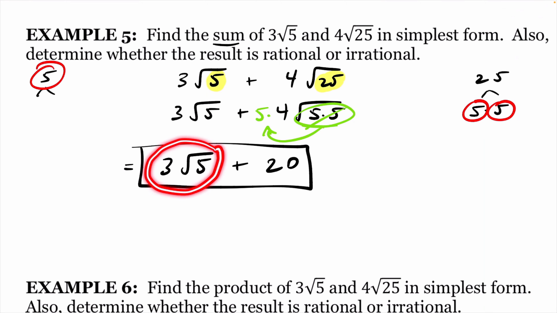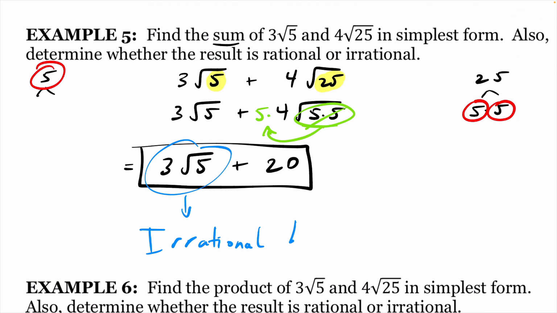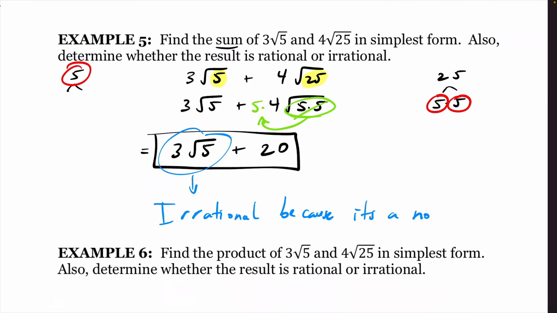If you don't believe me, ask your calculator. Your calculator will tell you this part right here is going to be a non-terminating decimal, right? So because of that guy here, it's going to be irrational because it's a non-terminating decimal.